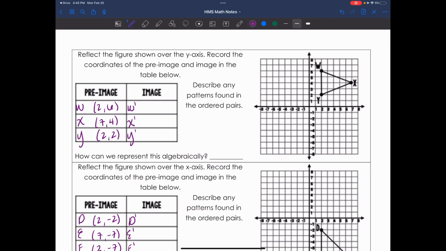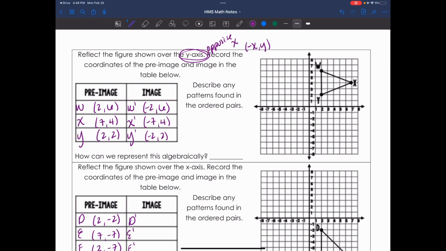We're going to reflect the figure shown across the y-axis, which means opposite x, right? Negative x comma y. So I've already pulled off these 3 ordered pairs, W, X, and Y. I'm literally just going to find the opposite of each of the x values. So negative 2, 6, negative 7, 4, negative 2, 2, and then plot them.